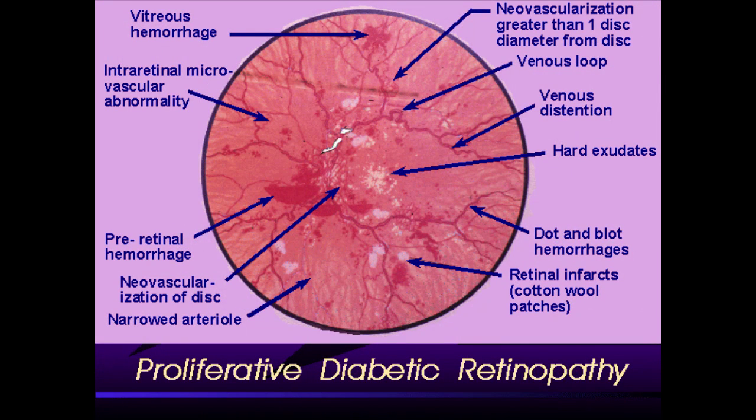Patients with proliferative diabetic retinopathy will exhibit a network of new vessels growing from the optic disc, and in addition, the retina reveals a number of hemorrhages, hard exudates, retinal infarcts, sometimes called cotton wool patches, and of course many dilated retinal veins.